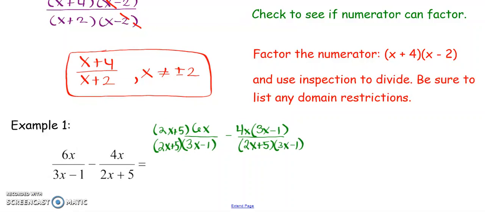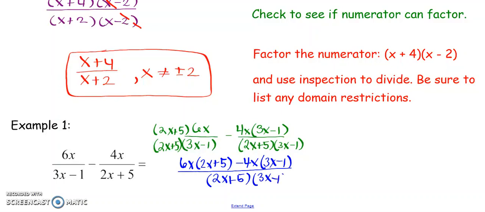Okay, so we have 6x times 2x plus 5 minus 4x times 3x minus 1 over, now let's simplify in that numerator. We're going to multiply it out. And the reason I rewrote this is I didn't want you guys to forget that we had to distribute that negative.